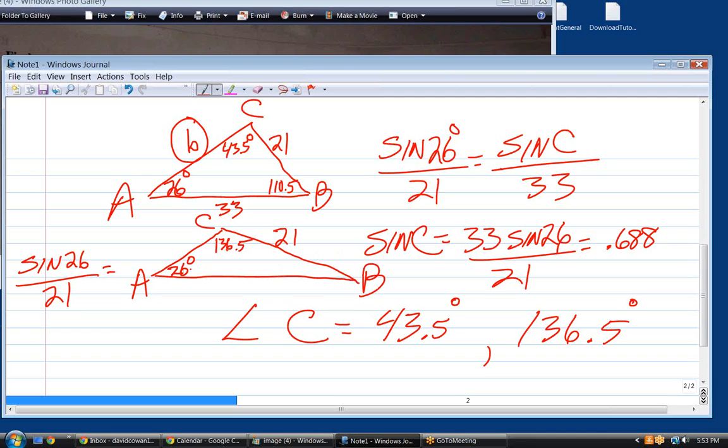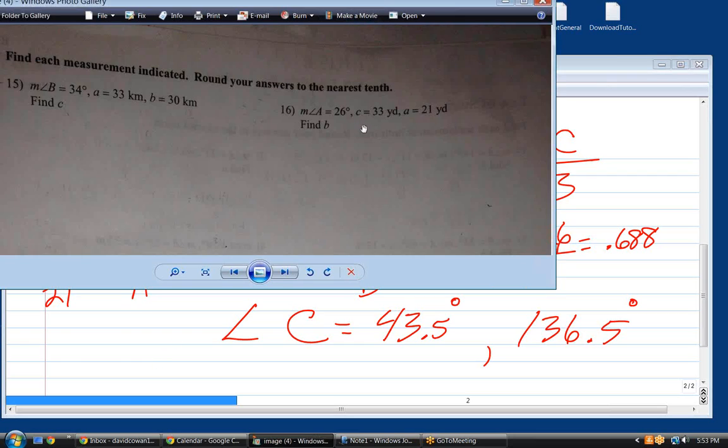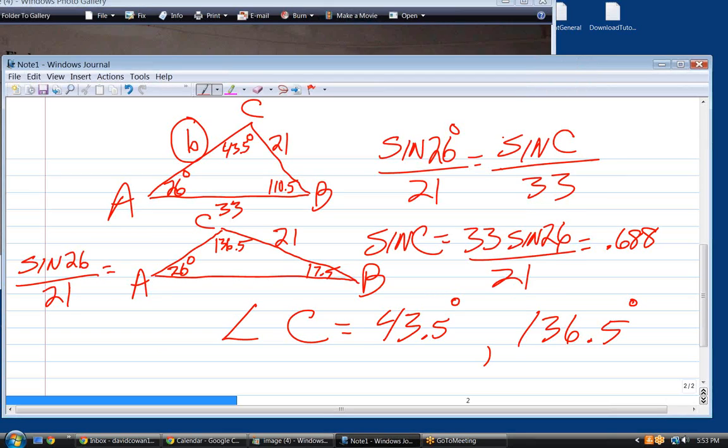Let's see, that's 162.5, so this is 17.5. And yes, this C is 33. Oh, yeah. A is 21. 33, 21. So we had angle, side, side.